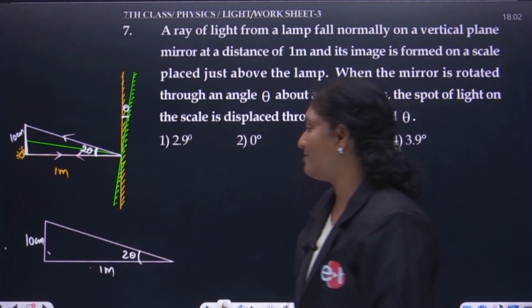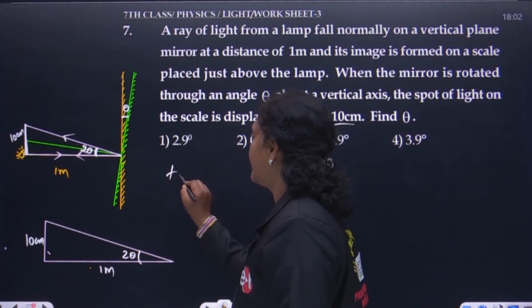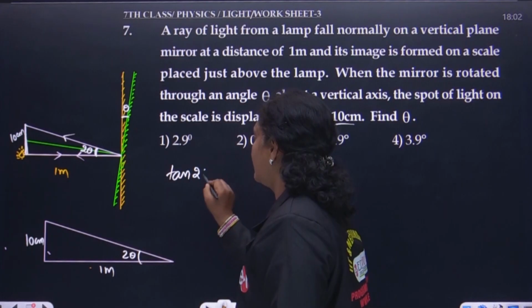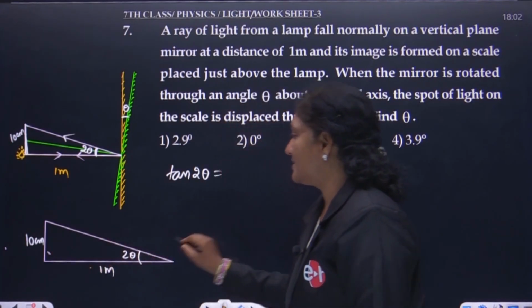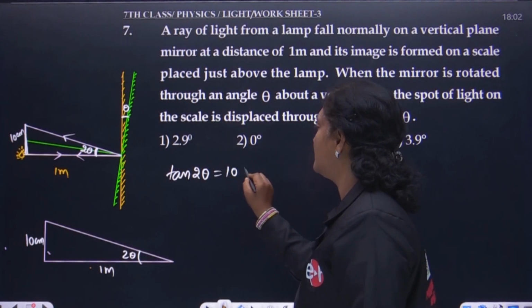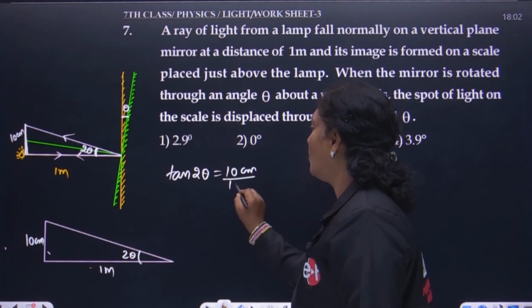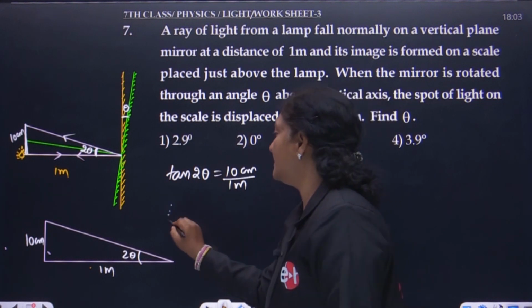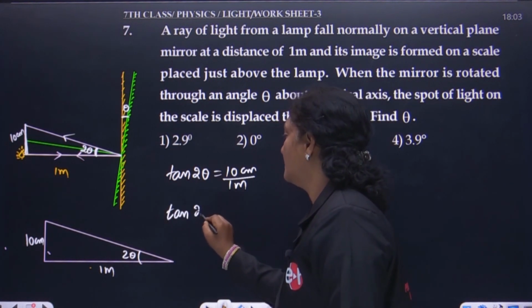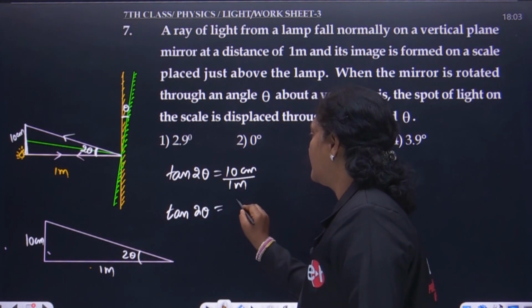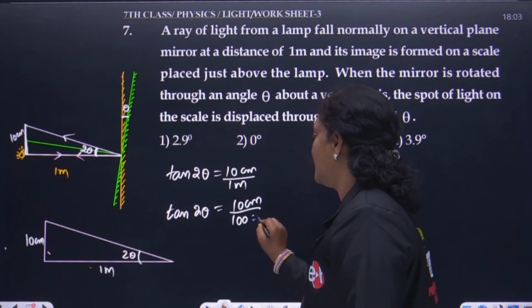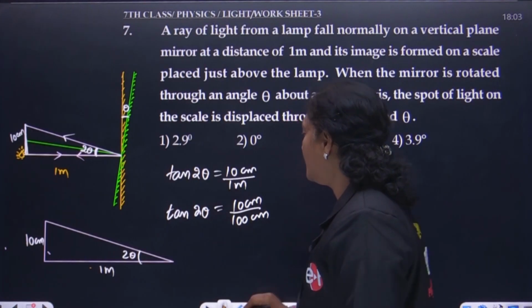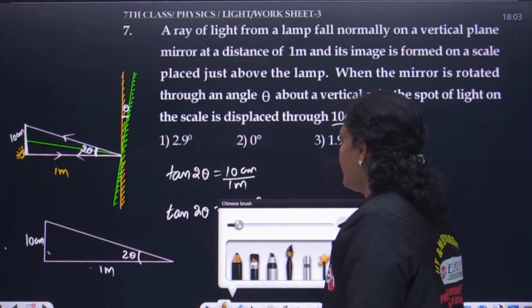Of course, it is the tan function. From the right angle triangle, consider tan: tan 2 theta equals opposite by adjacent. The opposite side is 10 centimeters upon 1 meter. Converting it into the same units, it can be written as 10 centimeters over 1 meter, which carries 100 centimeters. Okay. So, now these two will get cancelled.